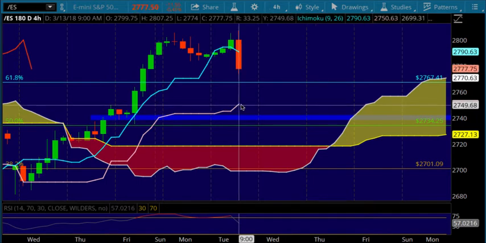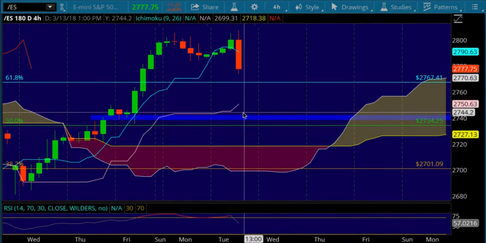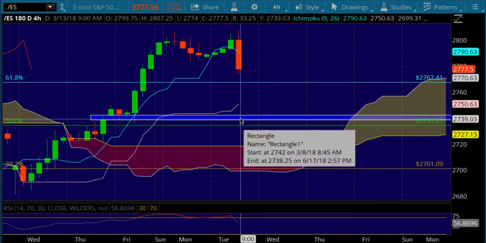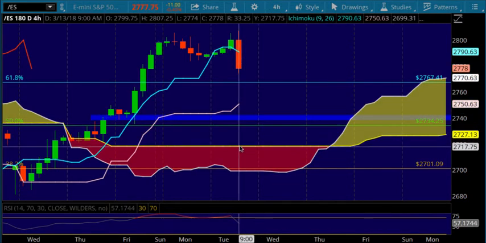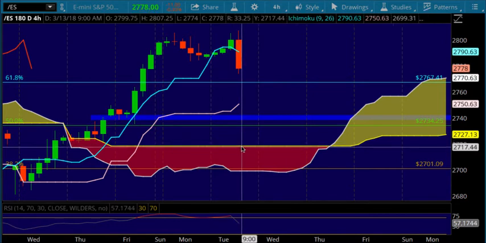But if we lose this Kijun-sen 2750 level, then we're going to encounter the gap window that I previously referred to. If we lose the gap window, then we will have support down here at the 4-hour cloud, which is around 2719, thereabouts. 2718, 2719, something like that.